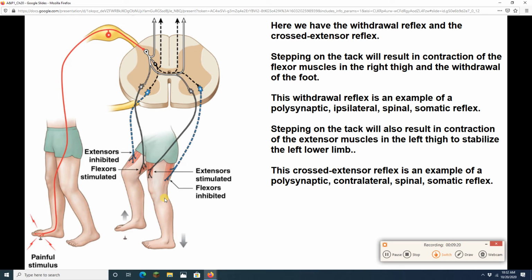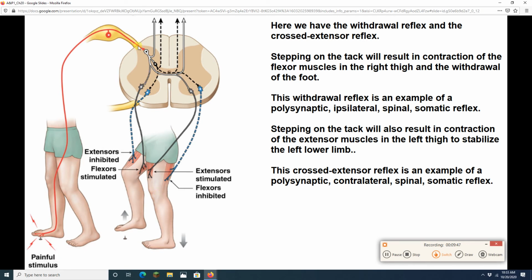Okay? So when we step on a tack with our right foot, our left leg is going to extend to maintain our balance. That's the crossed extensor reflex. It's somatic because the muscles being used on my left leg are skeletal muscles. Integration is still in the spinal cord, so it's still spinal. But now it's contralateral because our stimulus was on the right leg, but our response was on the left.